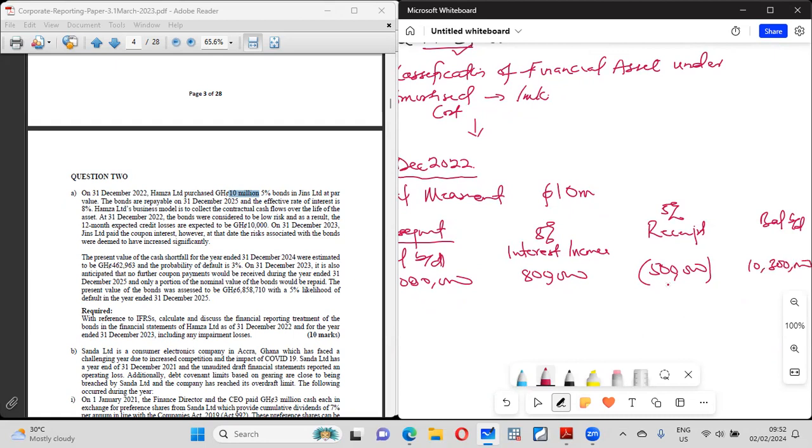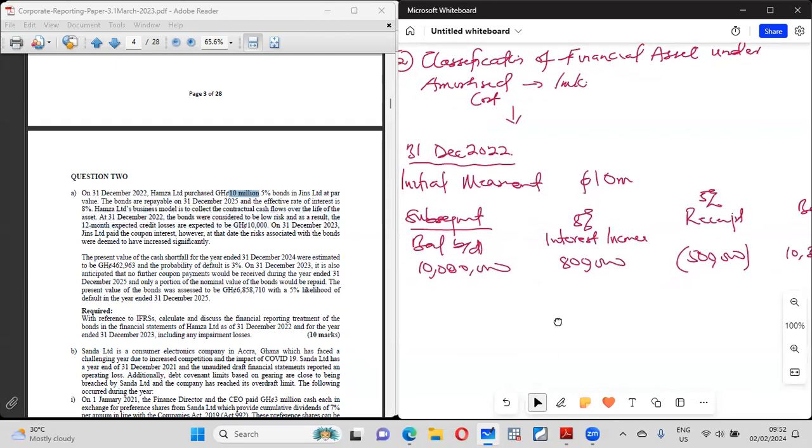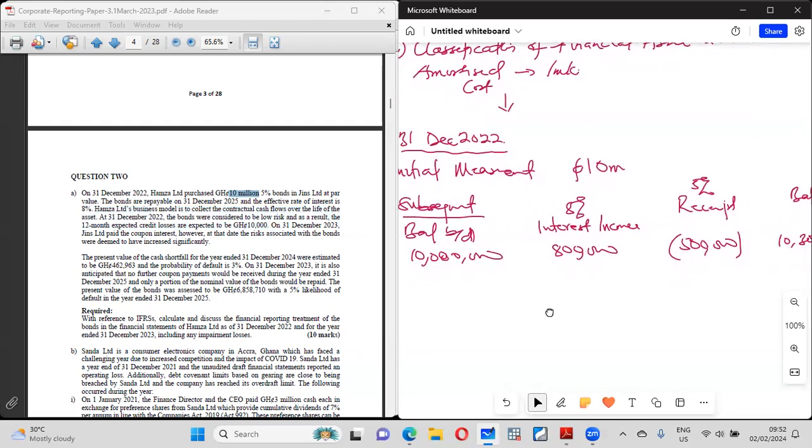But what happens to the credit risk? The interest income will be on the gross, because it is not credit impaired. So the interest income will be on the gross.